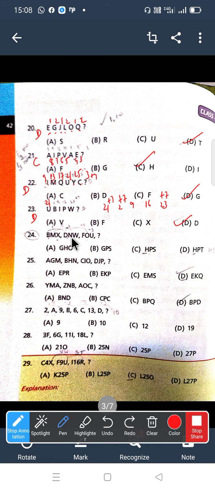Now BMX, DNW, FOU. If you observe the link between each and every letter, B, C they left, D they have written, E they left, F they have written, G they left and H they should write. And here if you observe, you have 2 options starting with H. By observing the middle alphabet you can't check anything, go for the last 2 letters to check.